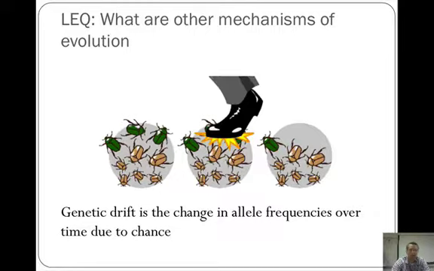Now, randomly due to chance, 2 of those green bugs got squished. The allele frequency has changed because instead of 3 and 6, it's now 1 and 6. The main thing to remember is that genetic drift changes the allele frequency and it's due to chance, random events that they have no control over.